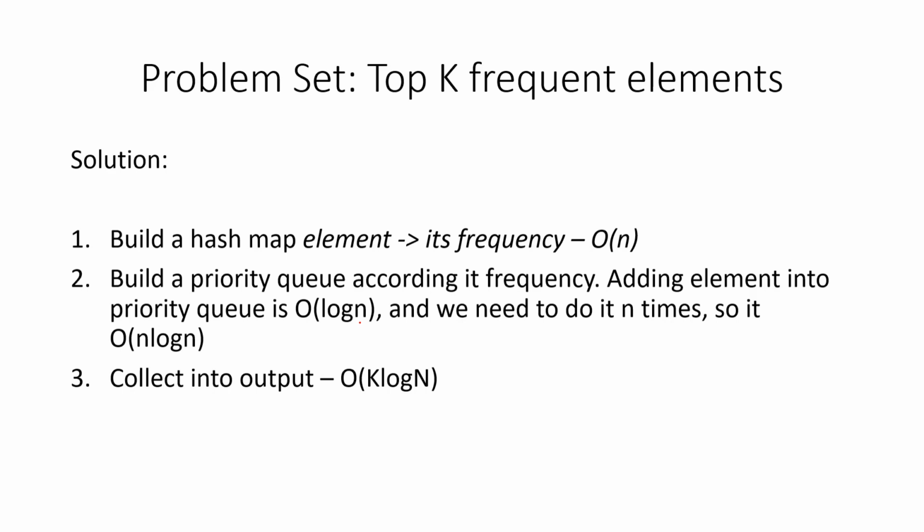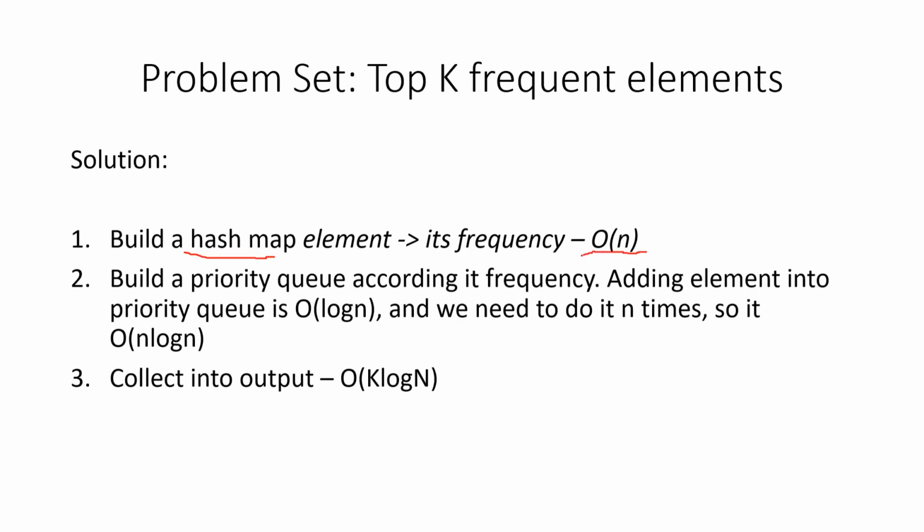In this problem, we use one more additional data structure, a hash map, where the key is the element itself and the value is the number of repetitions. Building the hash map takes O(n) time complexity.